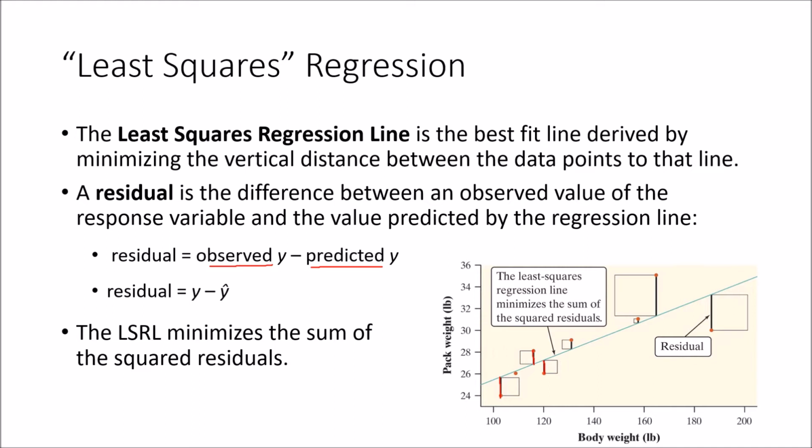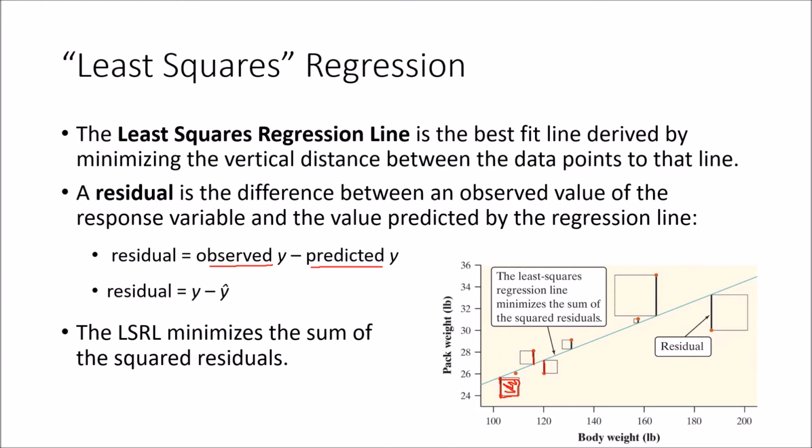And when the line is being derived, what the calculator or the computer is doing behind the scenes is finding the equation that minimizes the sum of the squared residuals. So the vertical distance is the residual itself. If I were to square it, what this picture is trying to show is literally making a square. So the squared residual would be the equivalent of the area of that square.